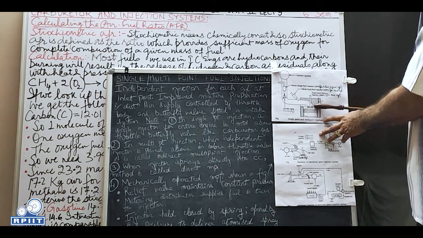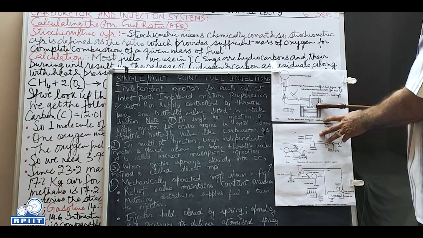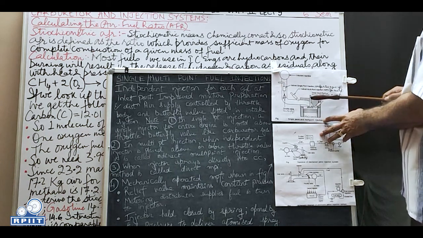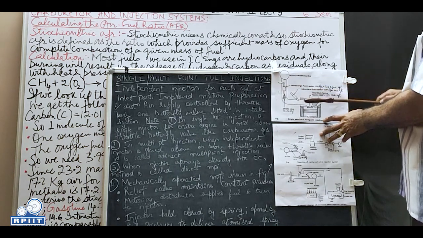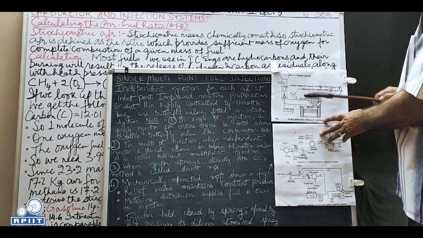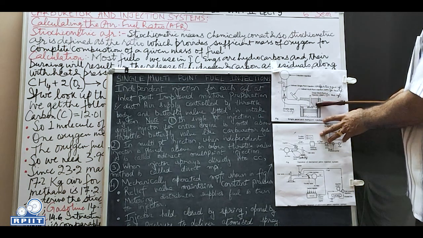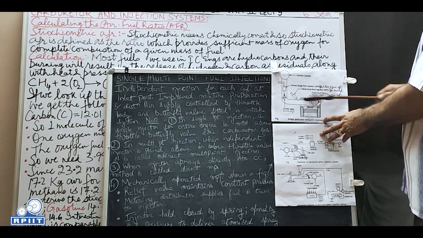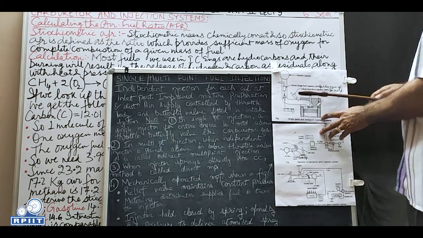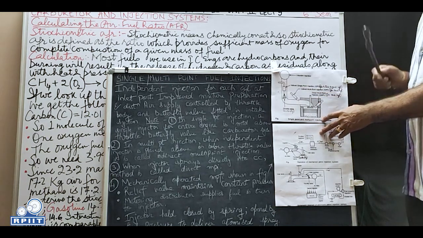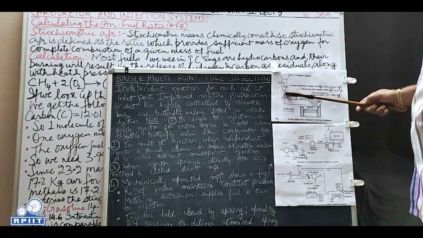Injector is here. So these are three possible positions: indirect single point, indirect multi-point, direct multi-point. These last two are for each cylinder. In the single point case, you require only one injector, like in the case of a carburetor.